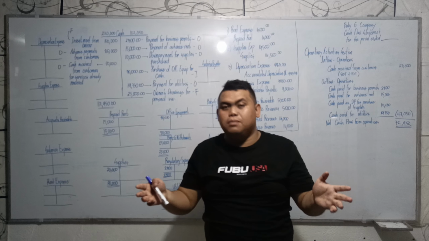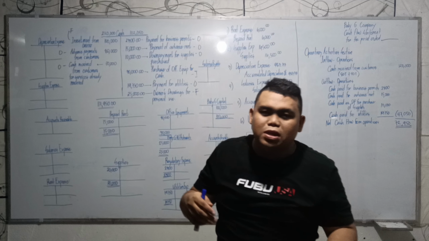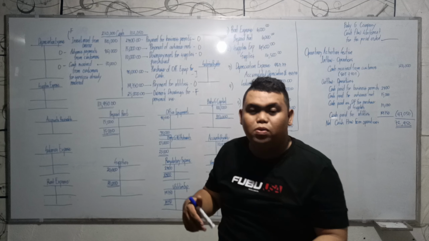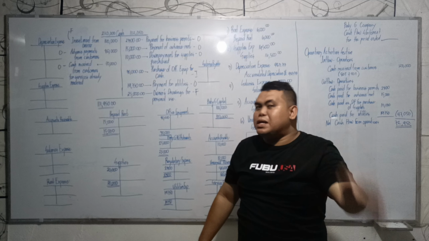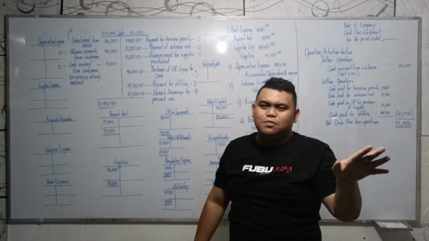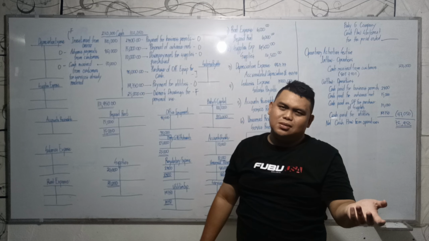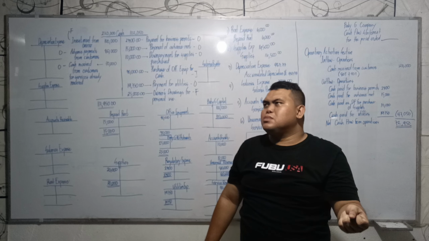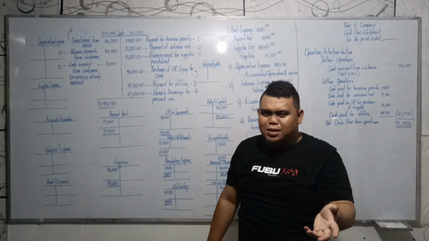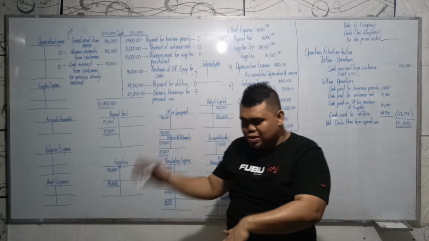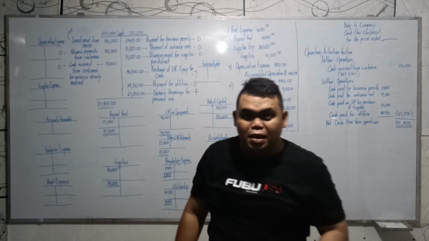You have a lot of income actually because that will be considered as revenues according to accrual concept, right? So it will result mostly to a positive net income because you have a lot of revenues although there's no cash. Okay? So you might be misled that the company is doing well if you just consider the income statement.